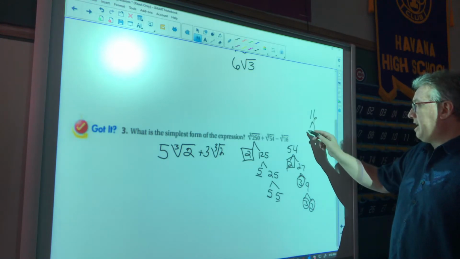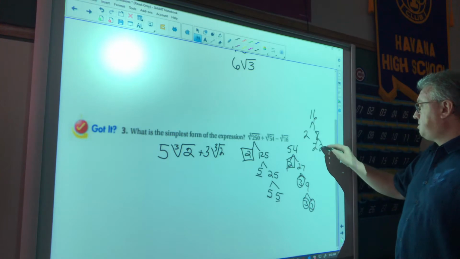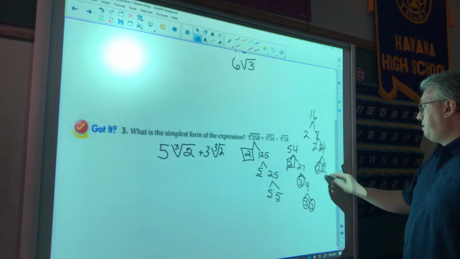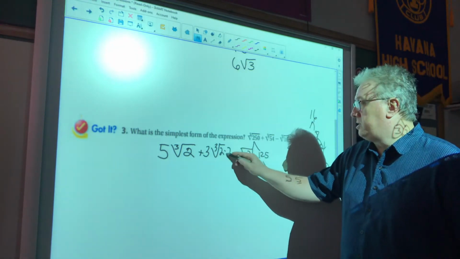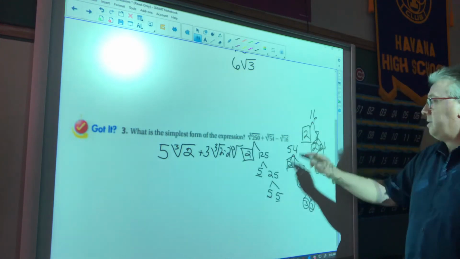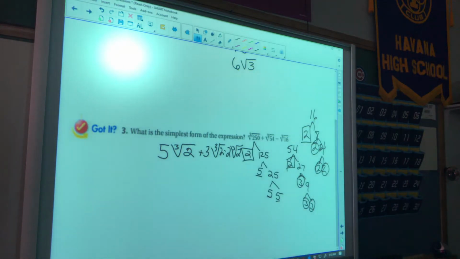again, if we use the factor tree, 2 times 8, 2 times 4, 2 times 2. So we have 1, 2, 3. So that is 2 times the cube root of 2. Now, look what we have.